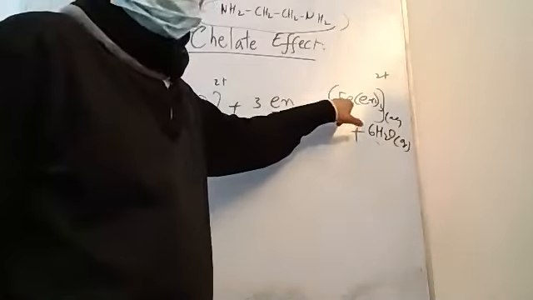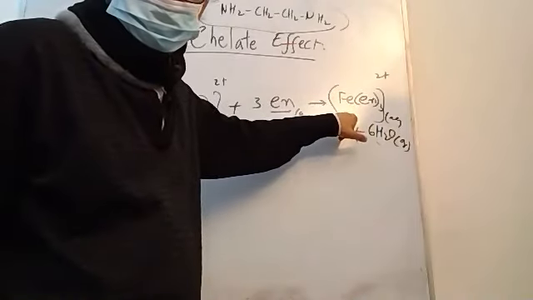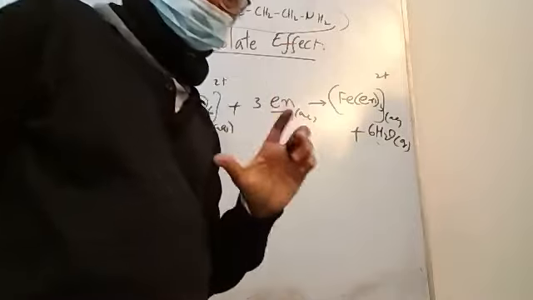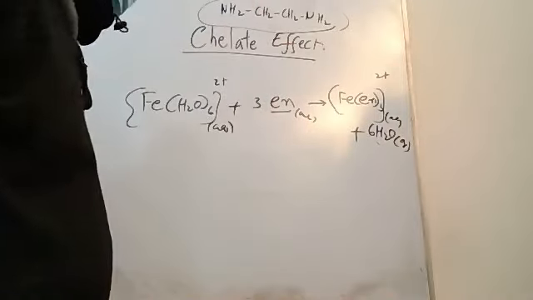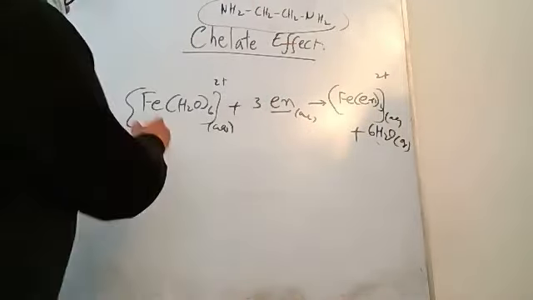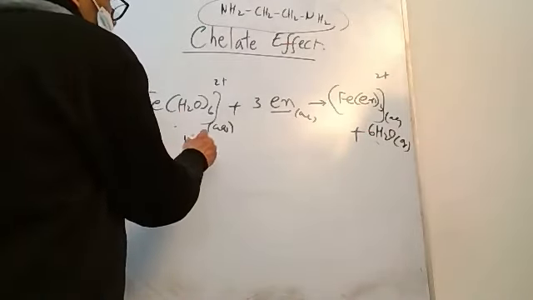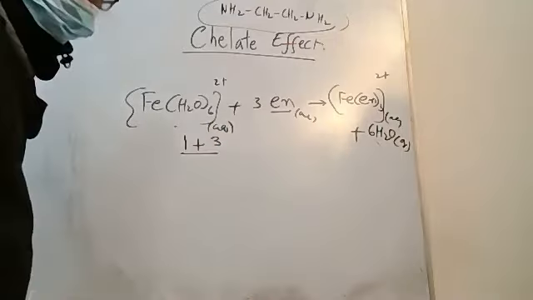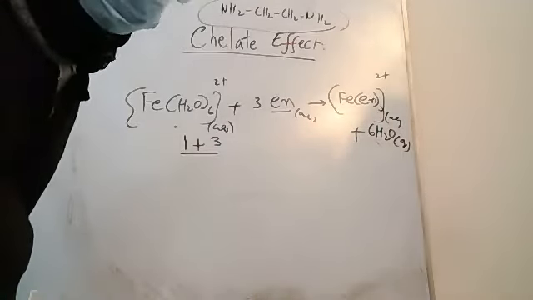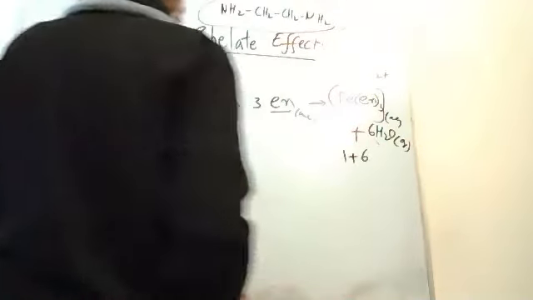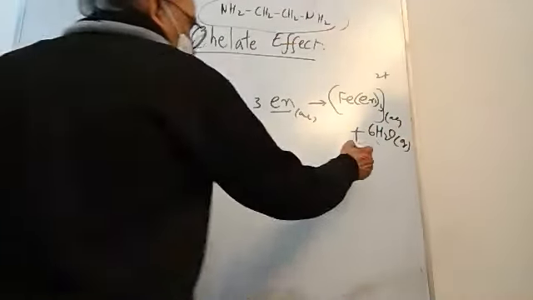Multidentate complexes, bidentate, tridentate, tetradentate ligands form stable complexes. Again, the reason for this is entropy itself. If you look at the total number of particles on the left-hand side, I have 1 complex particle and 3 ligand particles, 4 particles. On the right-hand side, I have 1 complex and 6 water molecules, 7.